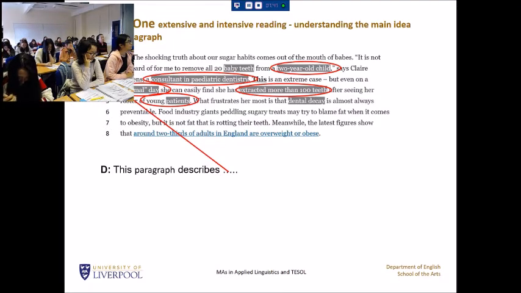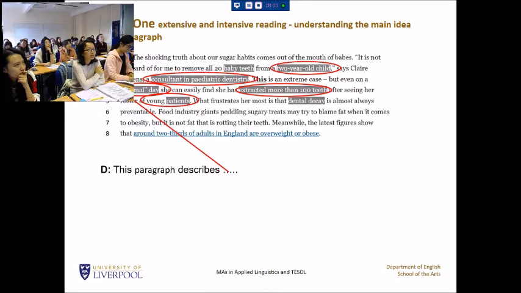You've got one? Can you think of one? Daily. Daily what? Because daily is an adjective. Daily routine. Let's try.